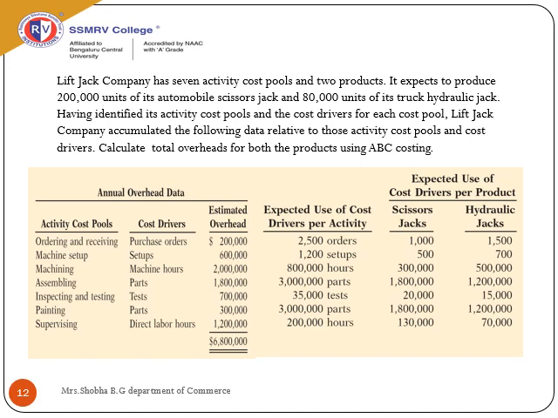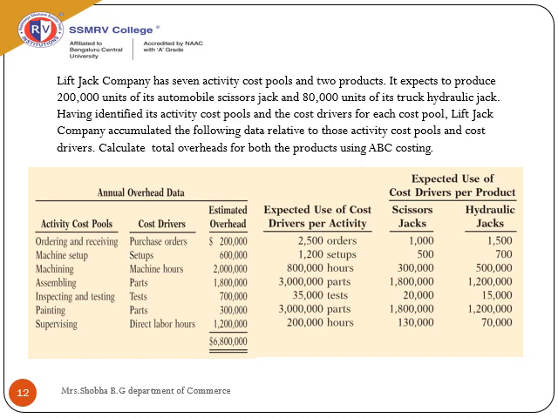And the table below gives the details about each of the activity cost and what is the cost driver, then what is the estimated total overhead, then what is the expected use of the drivers per activity, then what is the cost driver for scissors jack, that is for the first product, and what are the cost drivers for the second product, that is the hydraulic jacks.